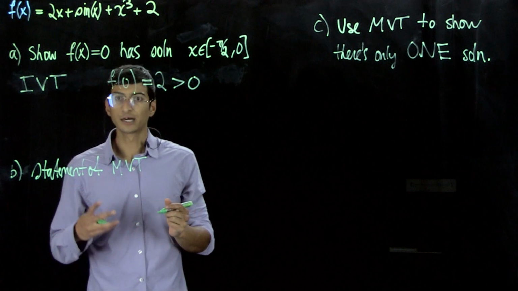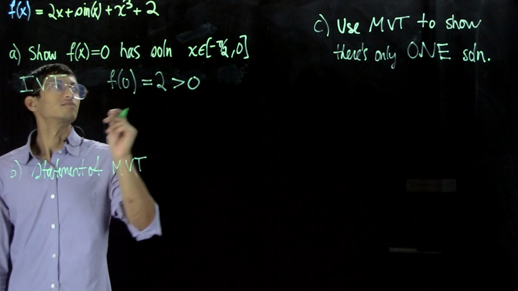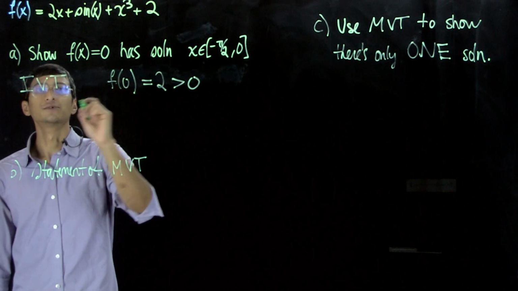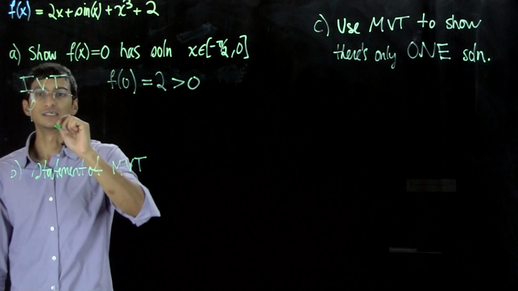Now let me find a place where f of x is less than 0. Let me plug in negative pi over 2, because that'll make sine of x easy.